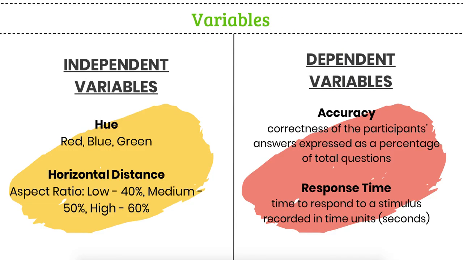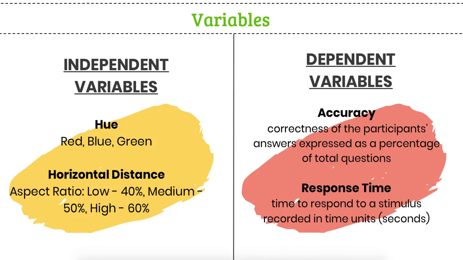There were two independent variables here, which are hue and horizontal distance. We considered red, blue, and green hues, and for horizontal distance, we have low, medium, and high horizontal distance with the aspect ratio of 40%, 50%, and 60%.